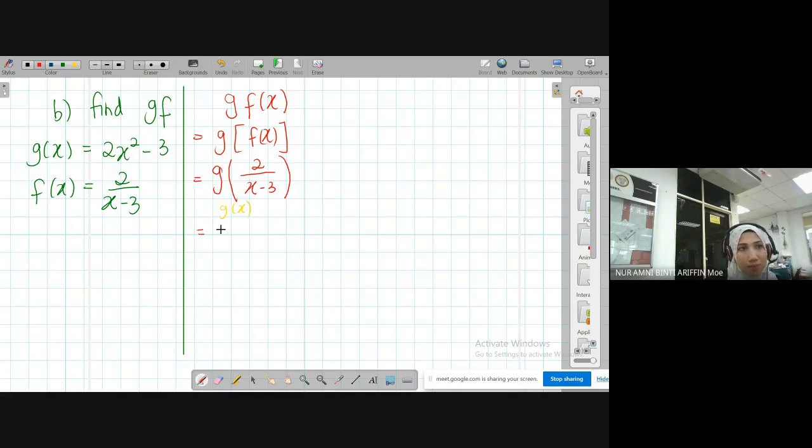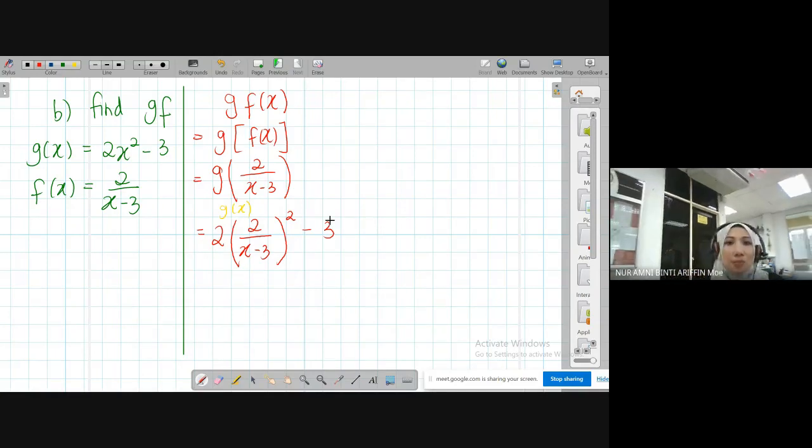So it will become, betul, Jingshuan: open bracket 2 over x minus 3 close bracket squared minus 3. Okay, how to solve this equation? Macam mana you nak solve this question? Mestilah kena guna matematik.